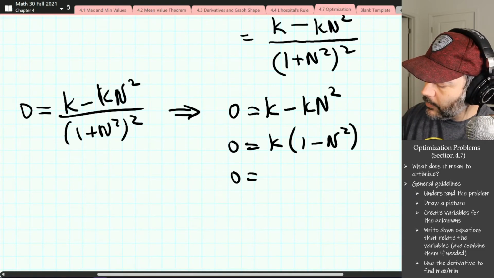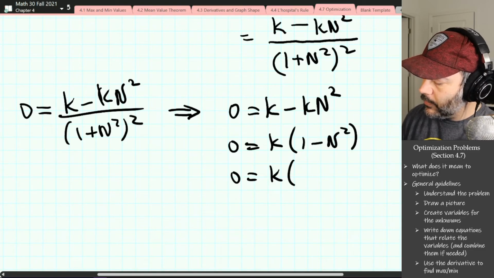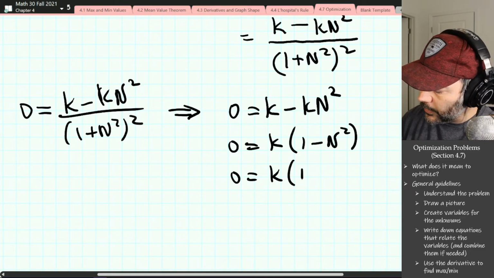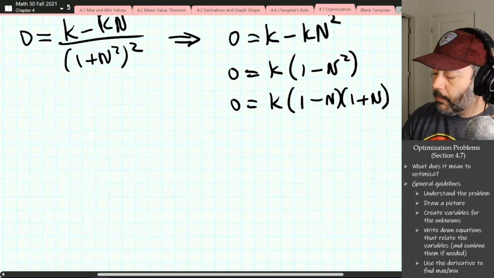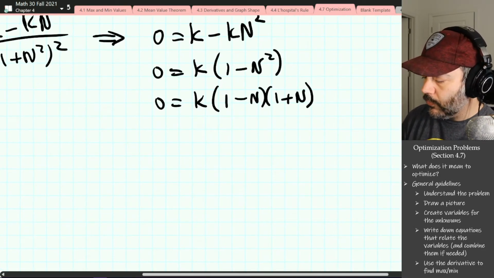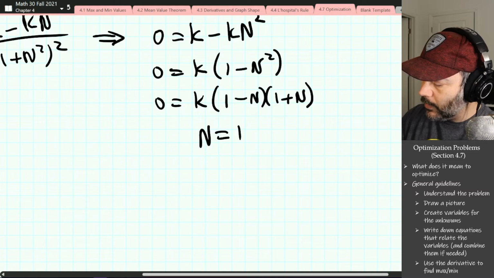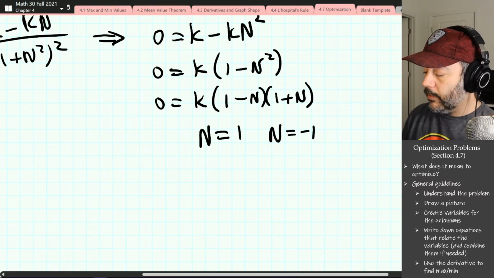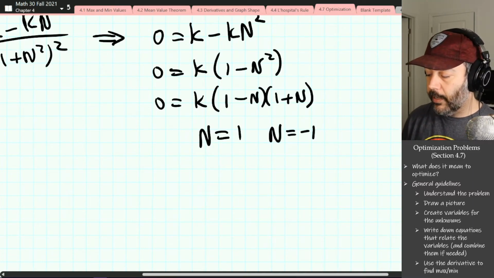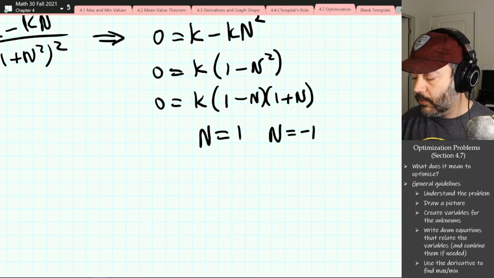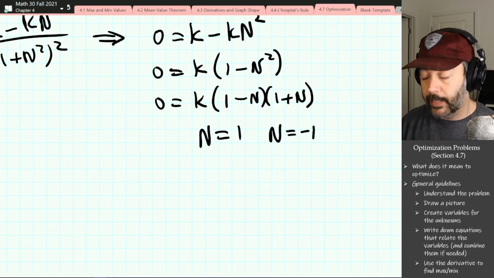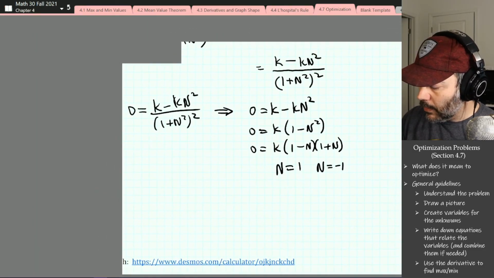That is a difference of squares, so this factors. There's a couple ways you could do this. Let's just factor it: 1 minus N and 1 plus N. And remember, we want the N values that make this true, so what I get is N equals 1 and N equals -1. Those are the two values for N that make the derivative 0. So those are the potential critical values where we are going to minimize the yield or maximize the yield. Okay, let's think about that for a second.